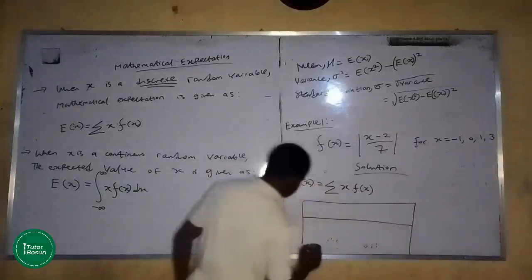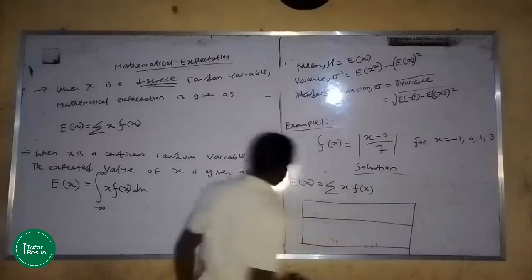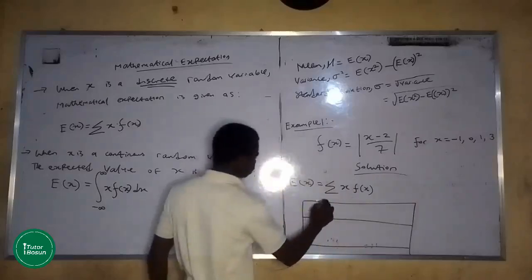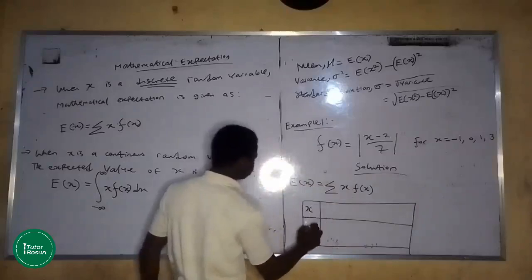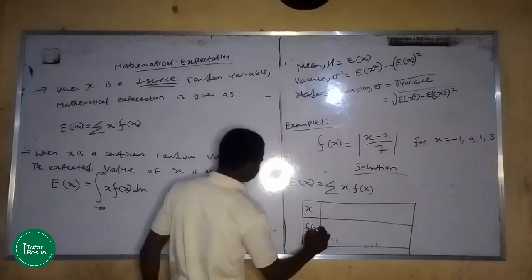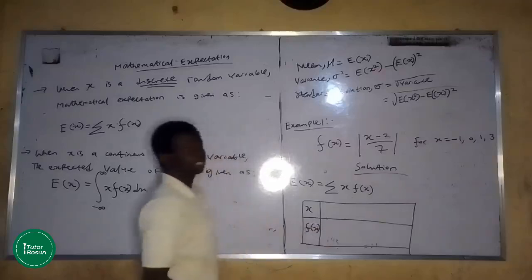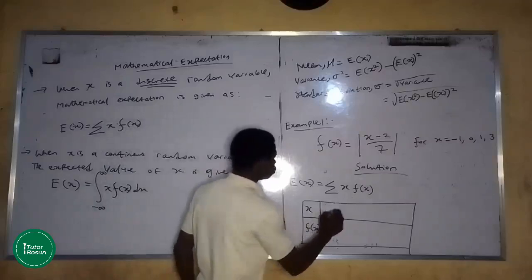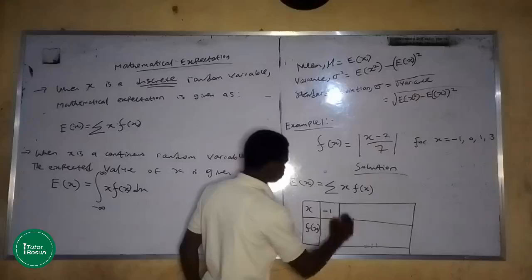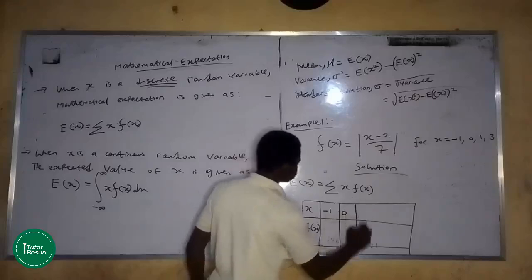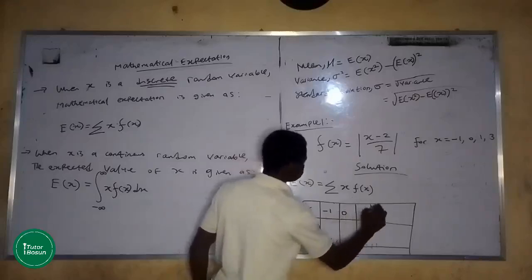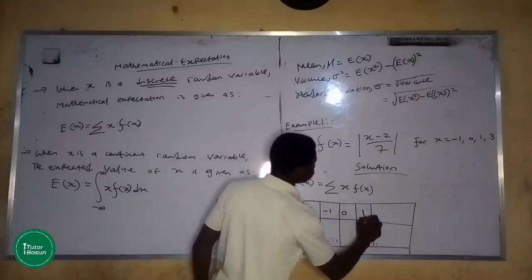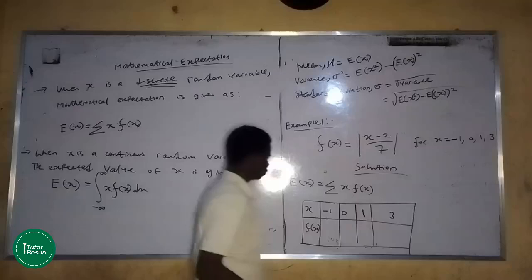Let's say this is for x and this is for f of x. We have minus 1, 0, 1, and we have 3.